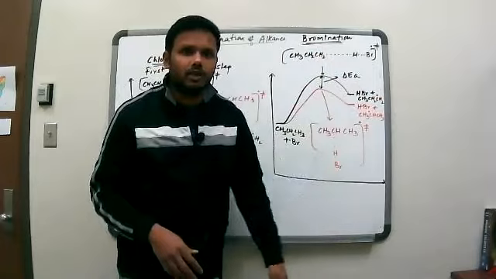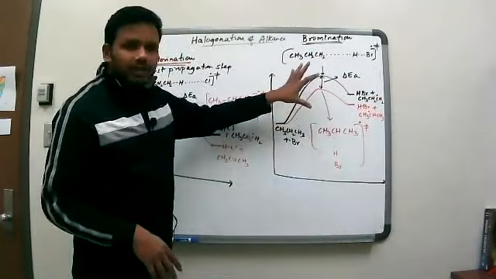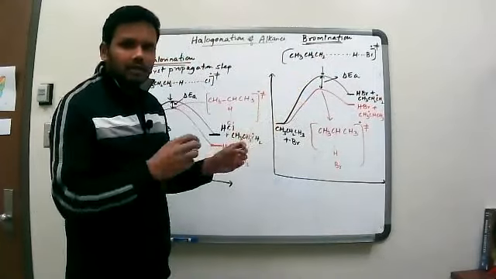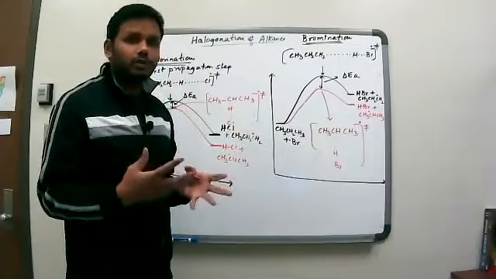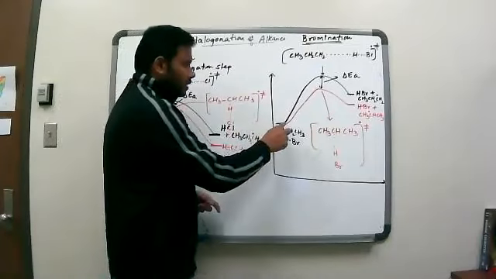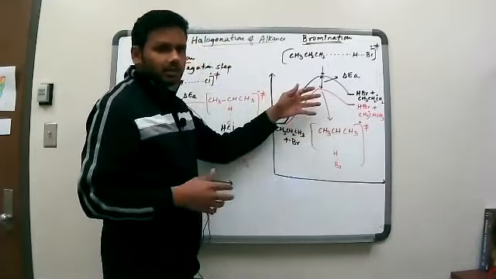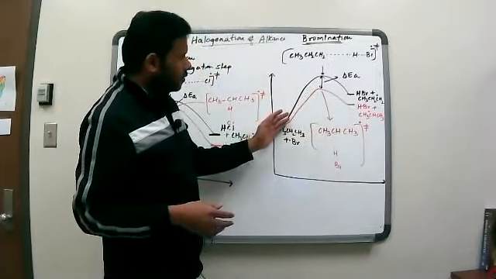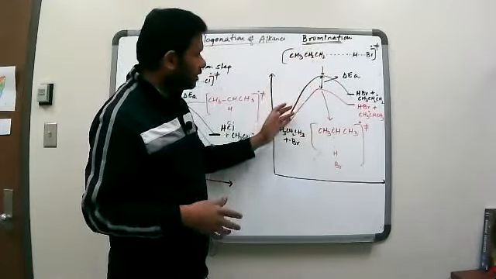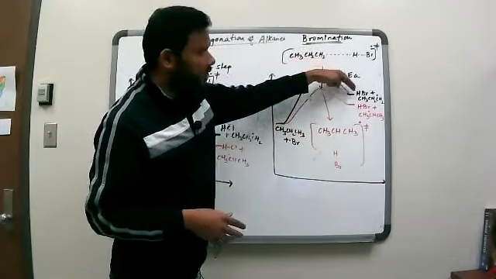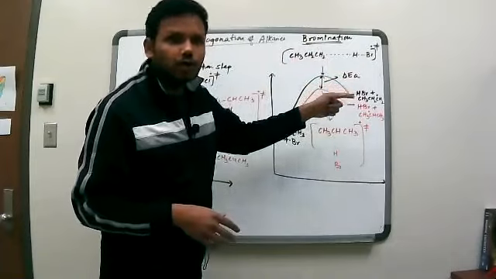It basically makes a lot more product. And so that is why we get a higher ratio of the 2-bromopropane, because it is formed through a pathway which is significantly more stable compared to the pathway that leads to the 1-bromopropane.